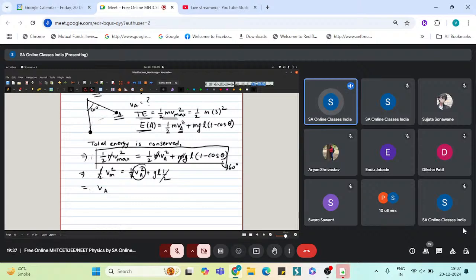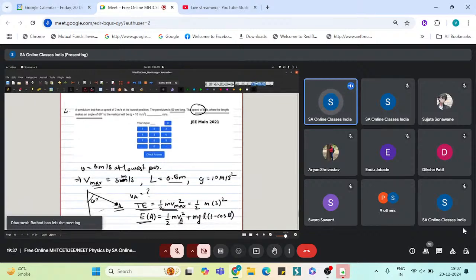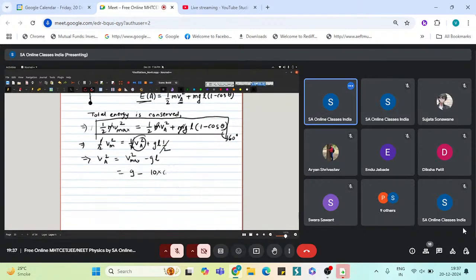So we're just going to write v a square is equal to v max square minus g l, and v max is 3, so 3 square is 9, minus g is 10 meter per second square and l is given to be 0.5 meters, and this is just going to be 5.